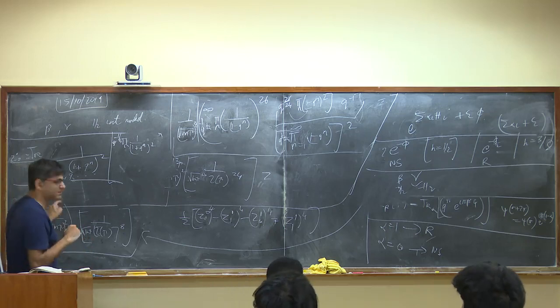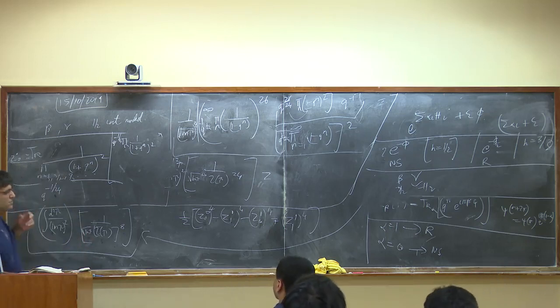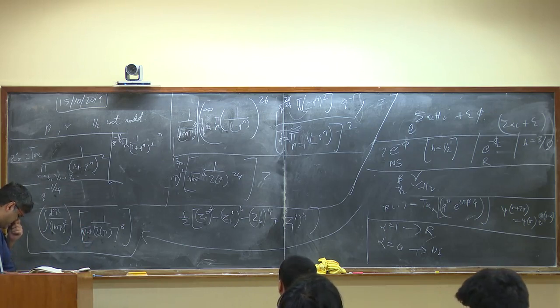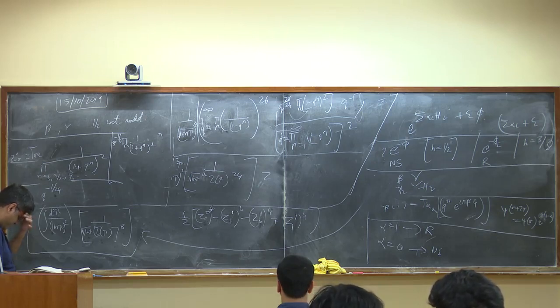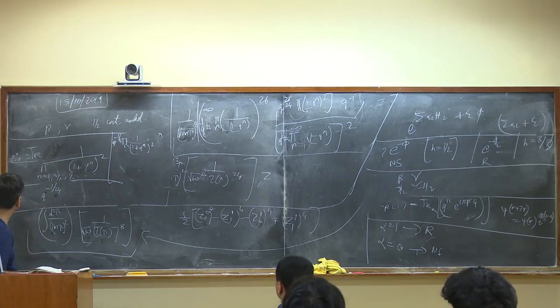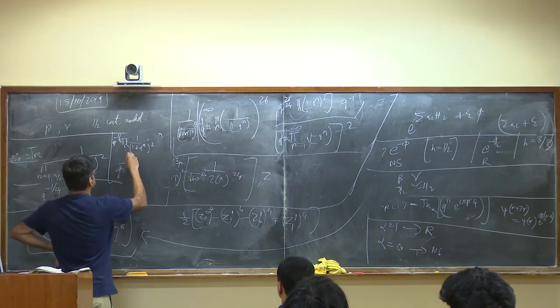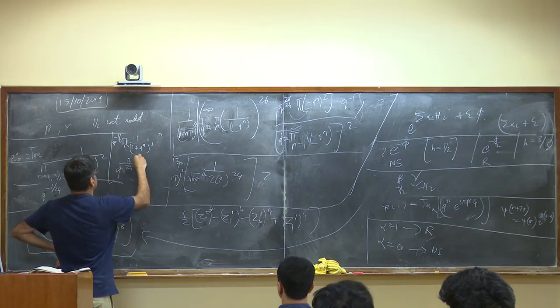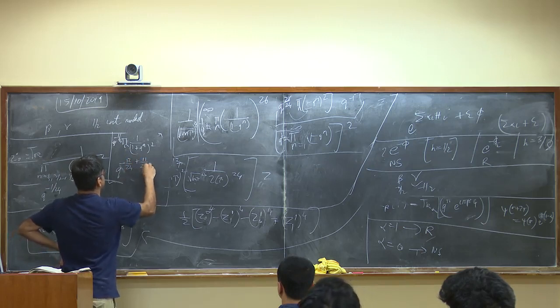I'm getting the wrong sign. It's almost right, but the wrong sign, because this is coming in the numerator. The fermion thing also came in the numerator with the same q to the power minus 1 by 24. I wanted to cancel one factor. Somehow I'm messing up on this. So it's q to the power minus 12 by 24 plus 11 by 24, right?